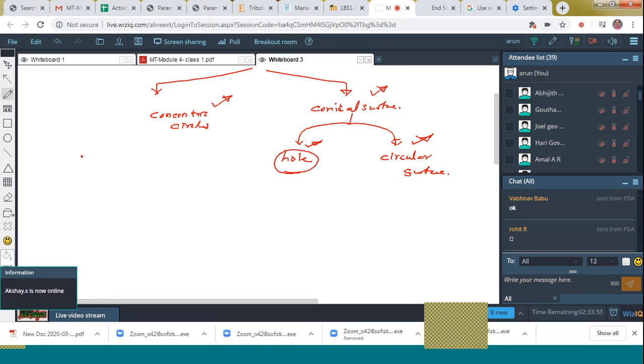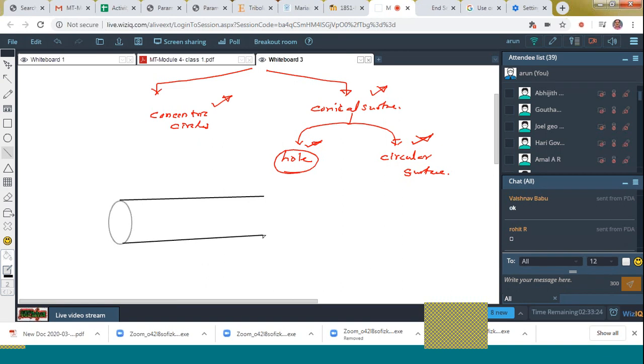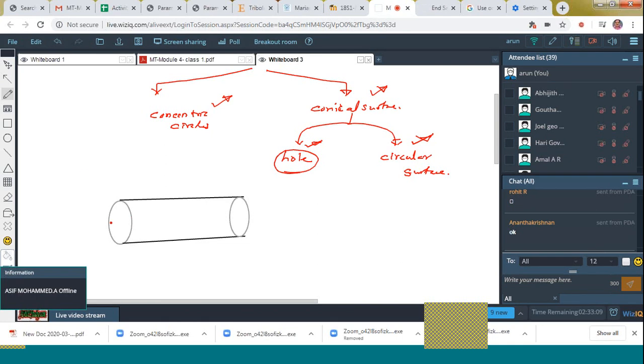For that, I took a circular shaft. Here, to locate it between the two machining ends, you have to produce a small hole like this.